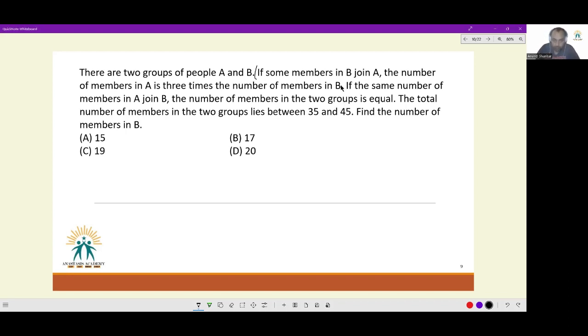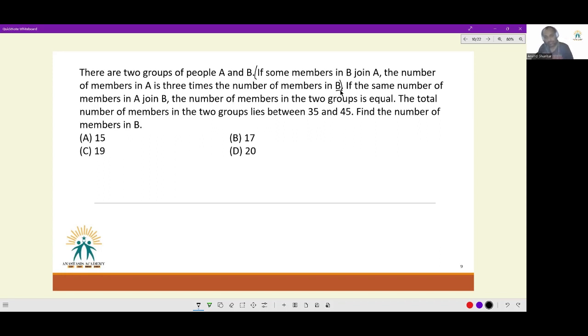Look at this clue: if some members in B join A, the number of members in A is 3 times the number of members in B. What this translates into is that the total count of people across the 2 sections, if they can be divided in the ratio 3:1, has to be a multiple of 4.